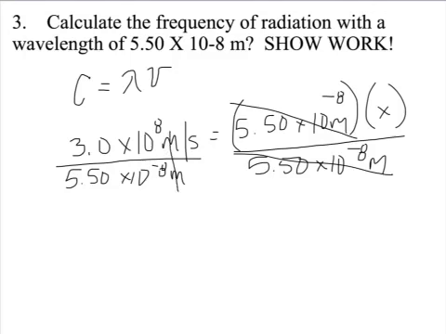So when I enter my calculator, I hit 3.0 EE 8 divided by 5.50 EE negative 8. And my calculator gives me the following result: 5.45 times 10 to the 15th, and the unit is per second, or sometimes known as hertz.